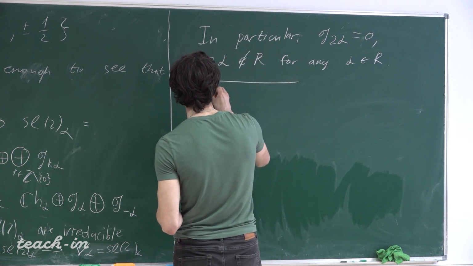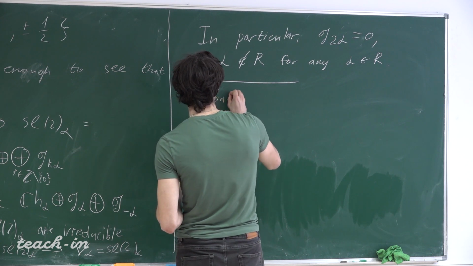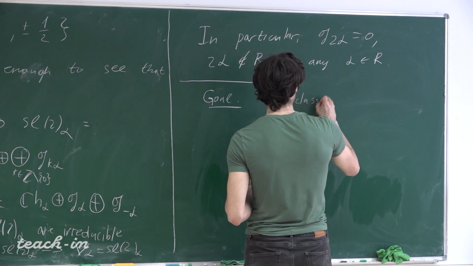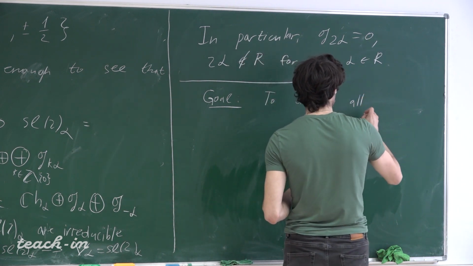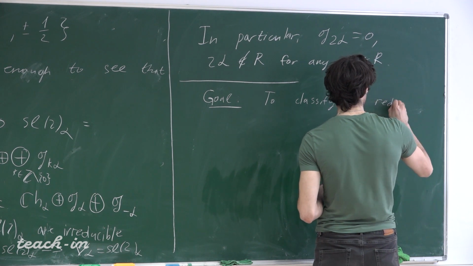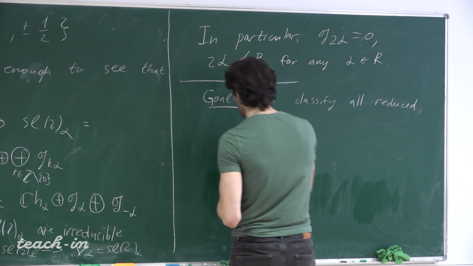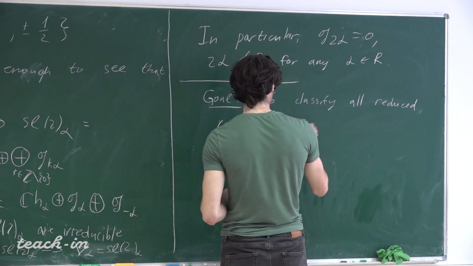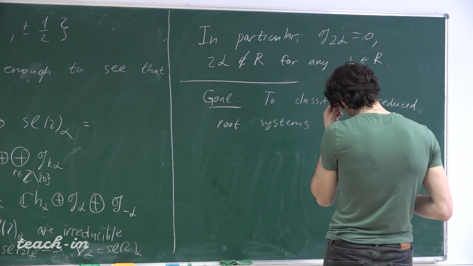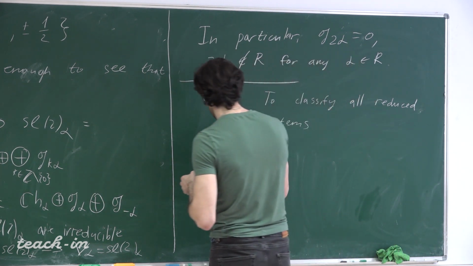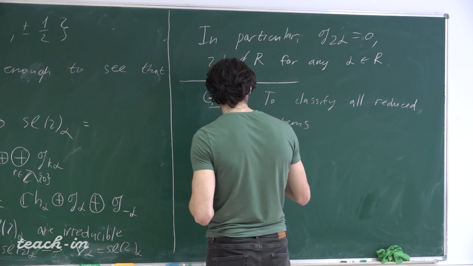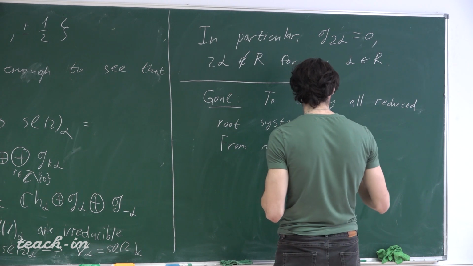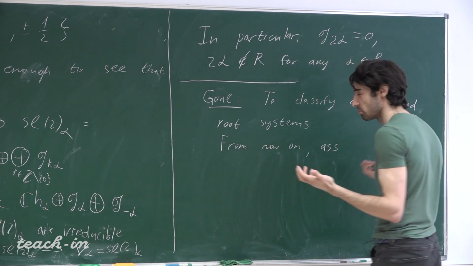So the goal is to classify all reduced root systems. So from now on, assume that all abstract root systems we are talking about are reduced.